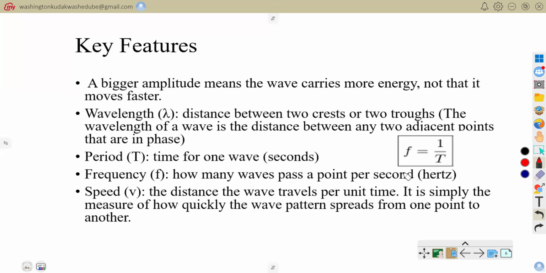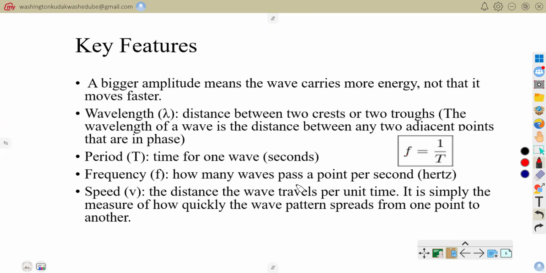frequency. Therefore, we've got a relationship between our frequency and our time period, given by the equation which says frequency is equal to 1 over the time period, where this is the number of waves that pass through per unit second.